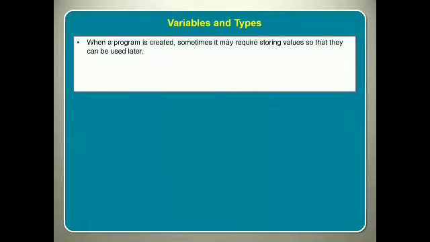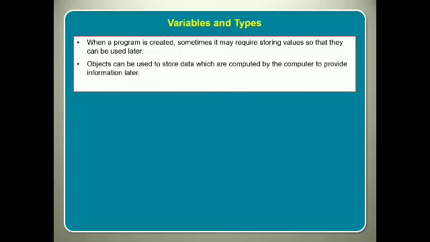When you create a program, sometimes you may require storing values to use them later. You use objects to store data which are computed by the computer to provide information later. An object or variable is the name that refers to a value.